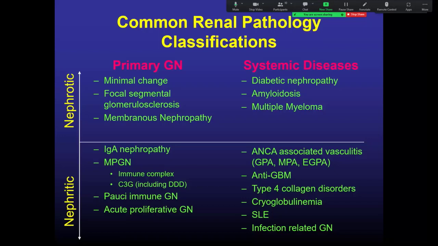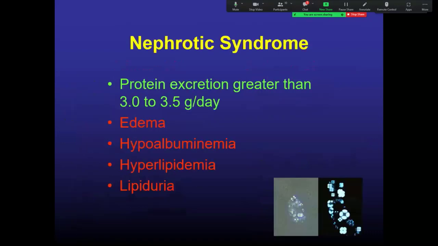More commonly, we see patients with nephrotic range proteinuria have systemic diseases. Diabetic nephropathy is probably the most common cause of nephrotic range proteinuria, and sometimes nephrotic syndrome. Amyloidosis and multiple myeloma can also present with nephrotic syndrome. We'll be going over the nephritic syndromes next week, so I'm going to skip over them today.